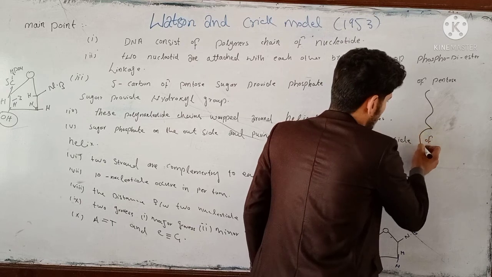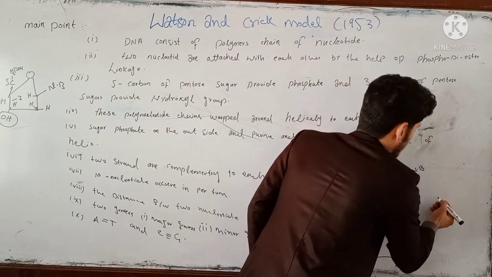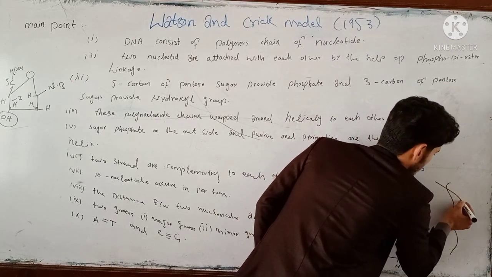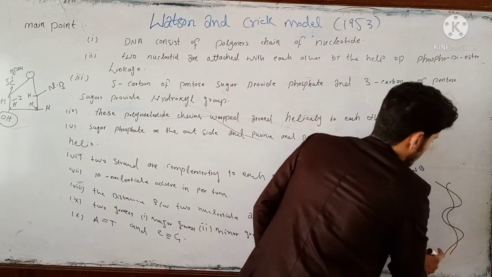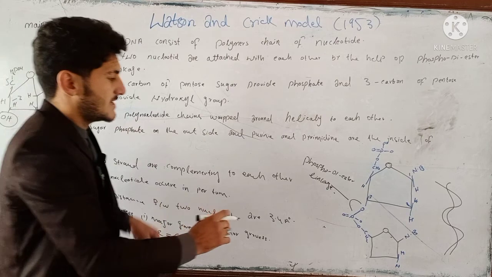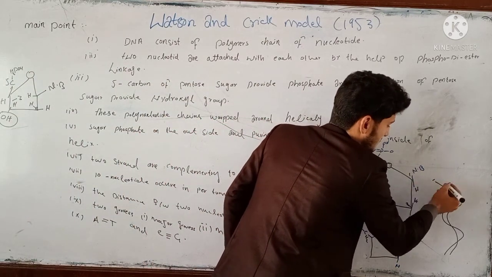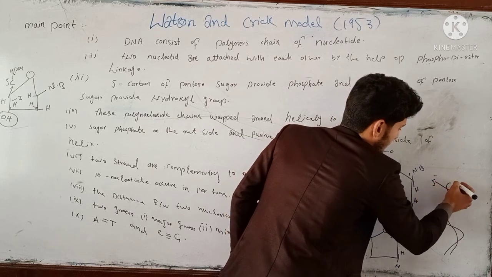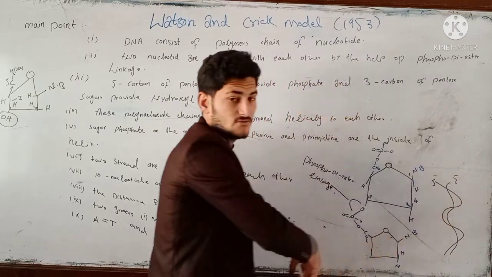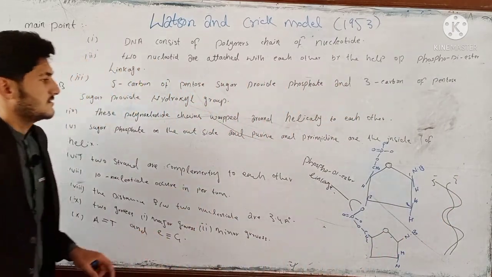This is one strand, and this is another strand. This is one polynucleotide chain, which runs 5 to 3, and the other is a 3 to 5 polynucleotide chain. They wrap helically around each other.